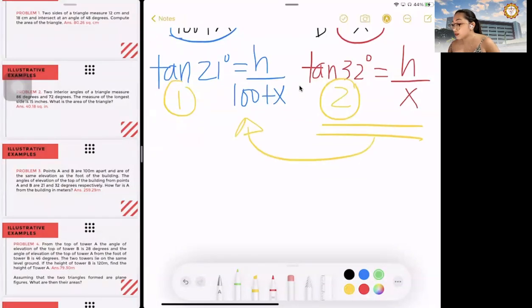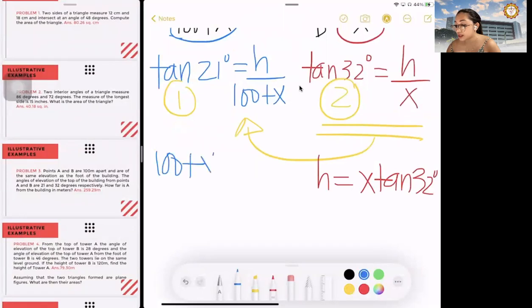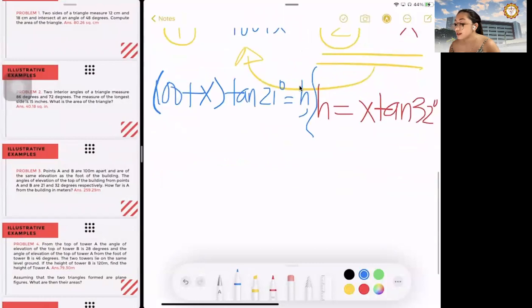So that becomes H is equal to X tangent of 32. And then when we substitute it, we also simplify the other equation into 100 plus X times tangent of 21 degrees equals H. So they are now the same, and I can substitute this in the H here.